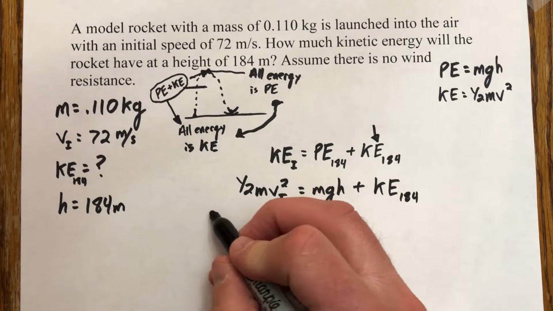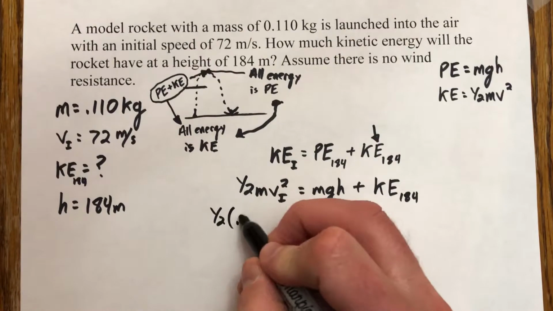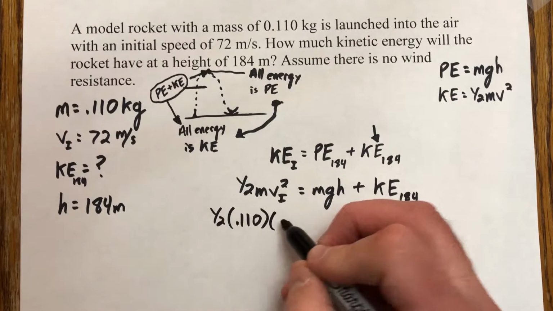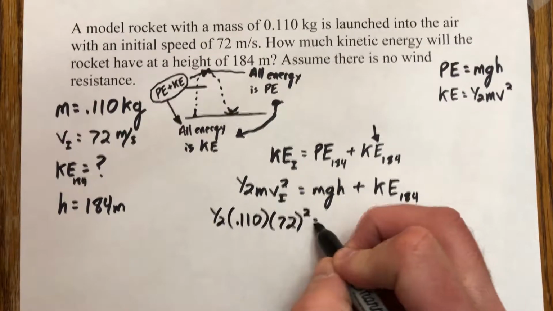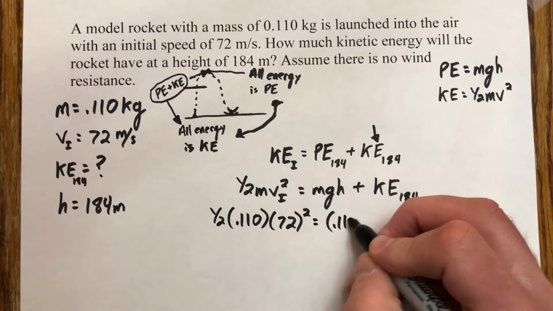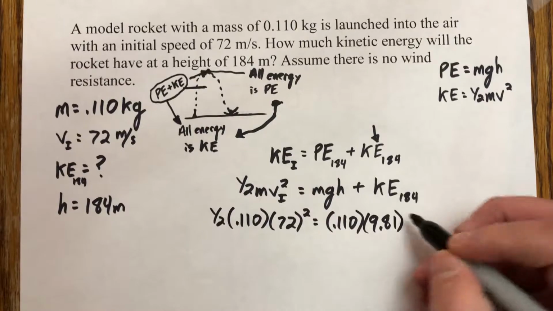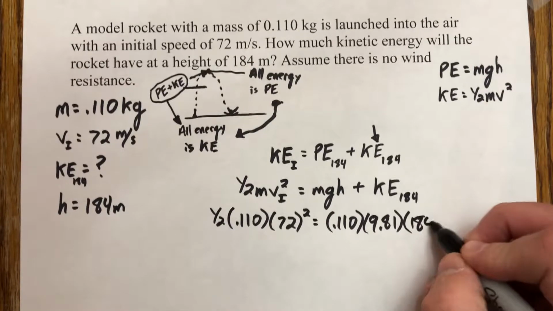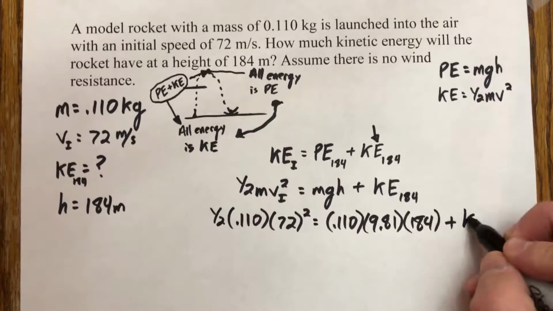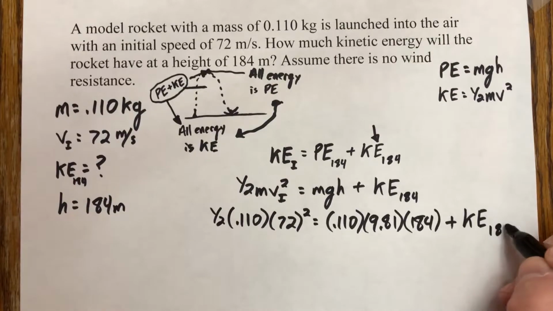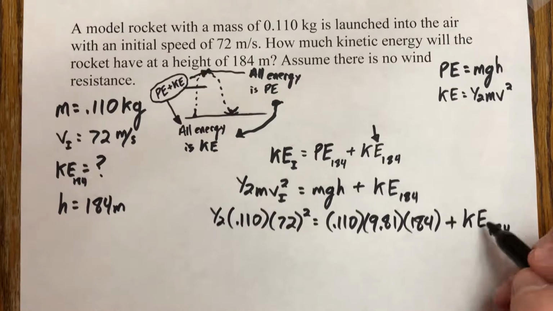So now we plug in our numbers. We have 1/2, the mass is 0.110, the initial velocity is 72, mass is 0.110, gravity is always 9.81, and the height in this case is 184 plus that KE 184, and that's what we're trying to find. Remember this right here.